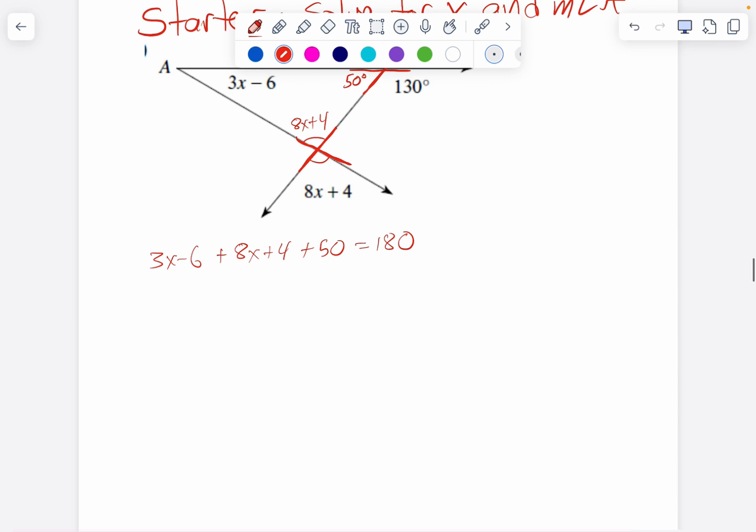And we'll combine the like terms. Subtract 48. Divide by 11, we'll get 12 for x.